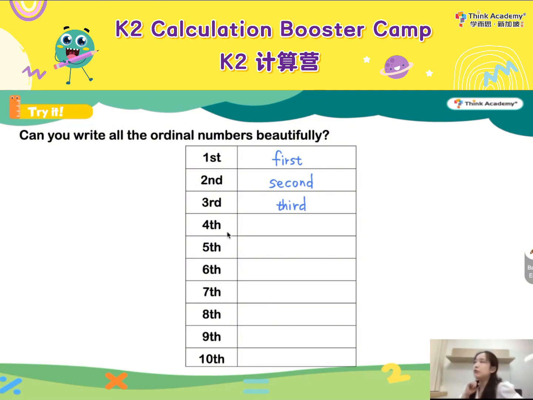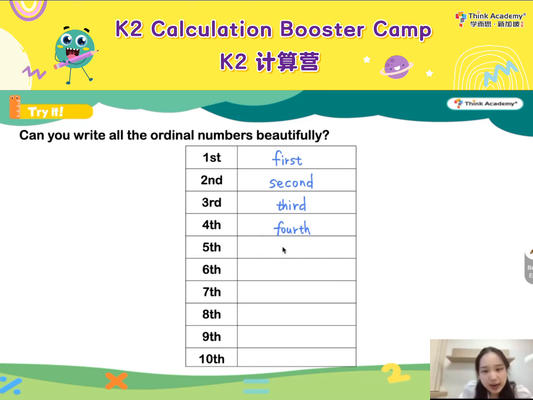Oh, I still remember. After the first 3 ones, starting from fourth, the writing is going to be quite similar, right? Ending with TH. So for 4TH, it's going to be the word four, adding TH. What about fifth? Fifth is similar to 5, but not entirely the same.